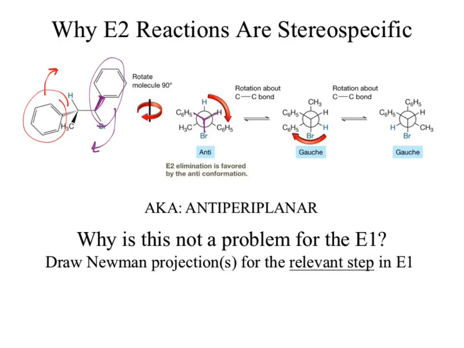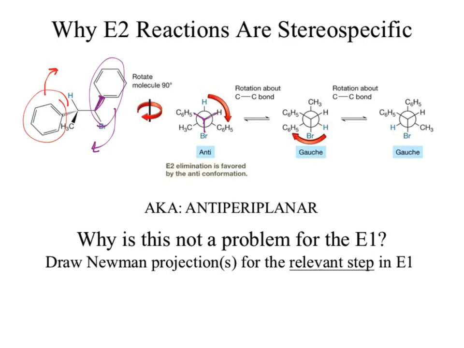Okay? Why is this not a problem for the E1? Can we go back a second? I have a question about the repulsion between the leaving group and the base.